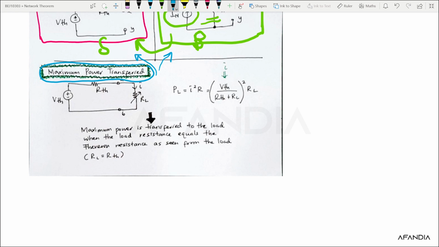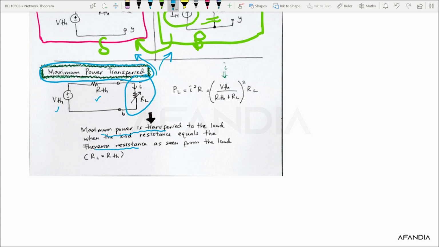If we have this circuit, for example, this is your VTH, this is your RTH, and this is your RL, a variable resistor. Maximum power transfer can be defined as a process where power is delivered to the load when the load resistance equals the Thevenin resistance as seen from the load.